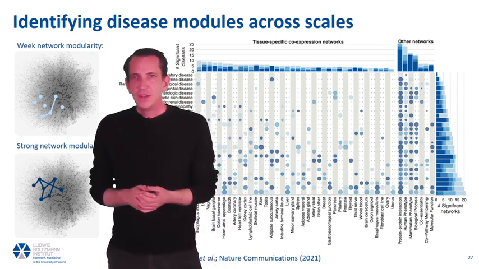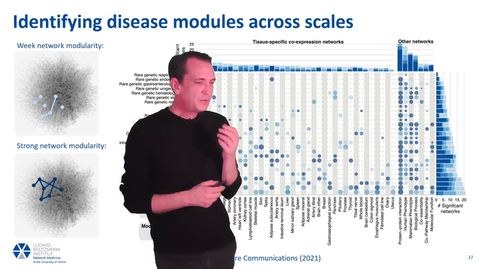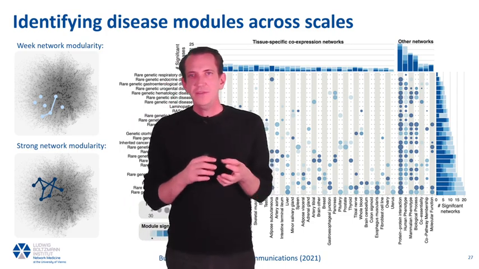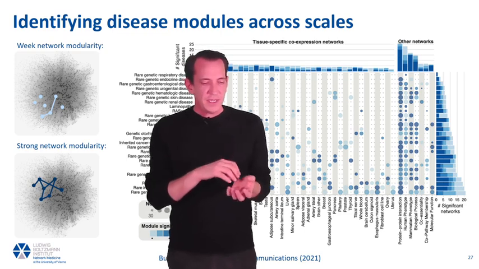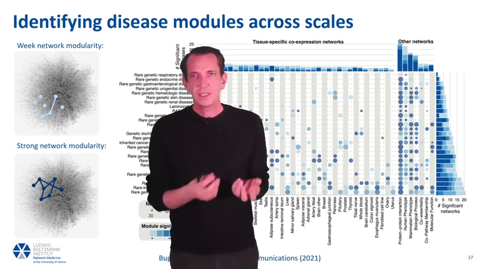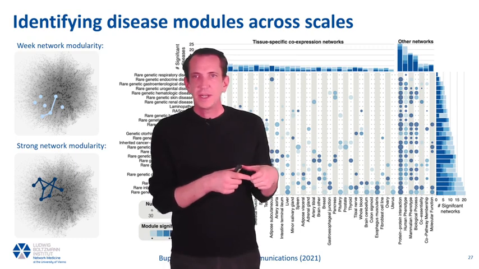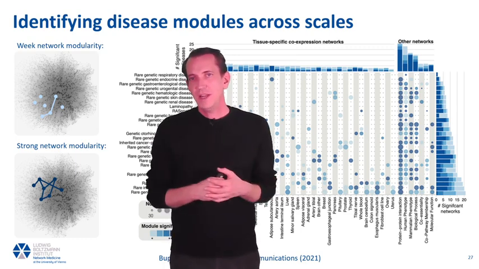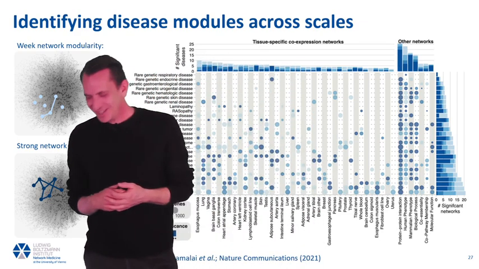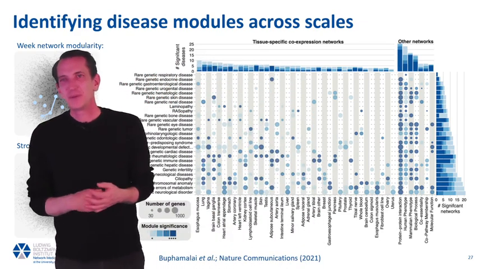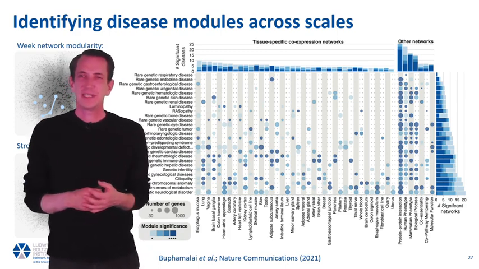And the first thing that we try to do is to again quantify whether genes related to a particular disease actually cluster in any of these different network levels. And on this side, this carpet represents the results of this analysis.